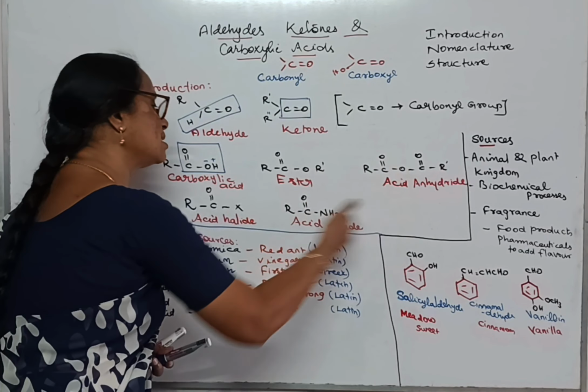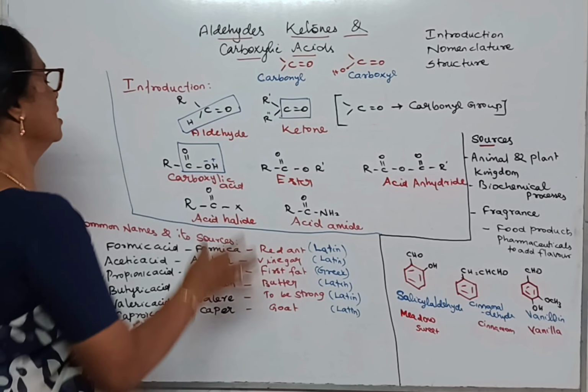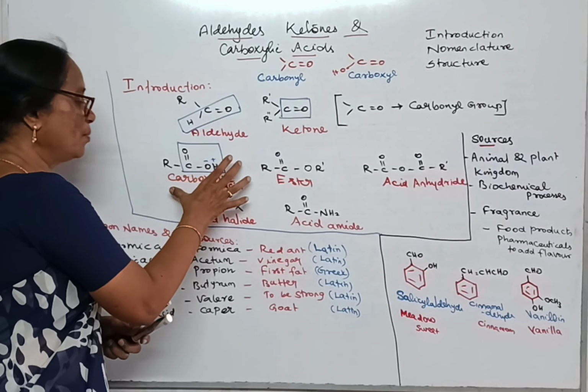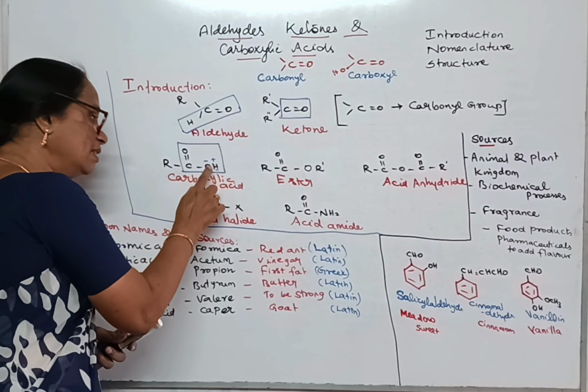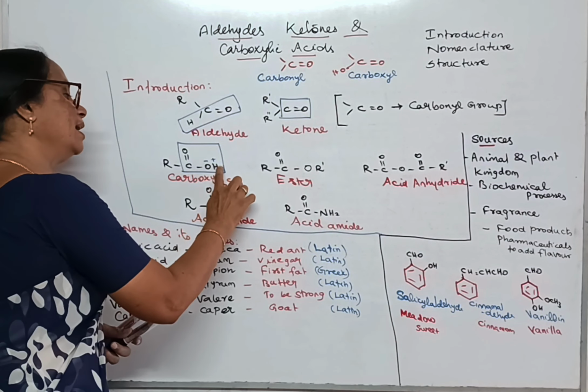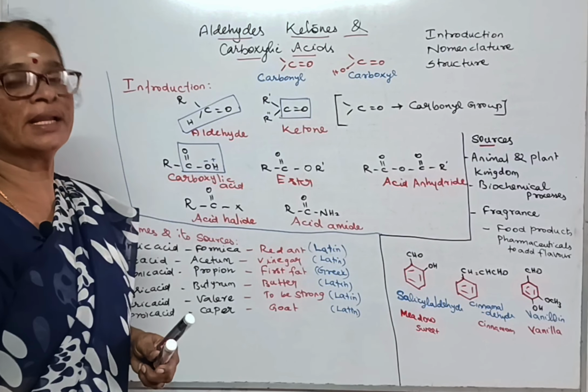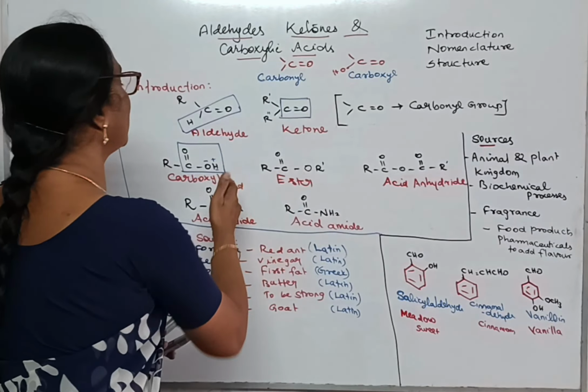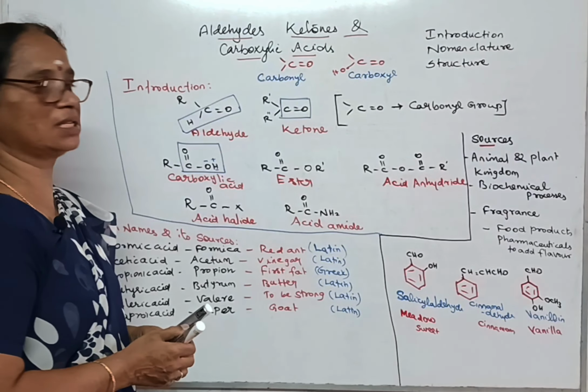And what are the rest? They are the derivatives of carboxylic acid. In carboxylic acid, either the OH group or the hydrogen atom of the OH group can be replaced by a suitable group, from which we get the derivatives of carboxylic acid.